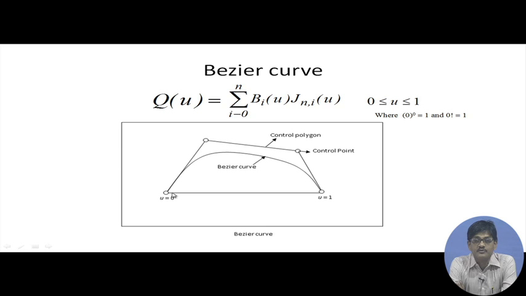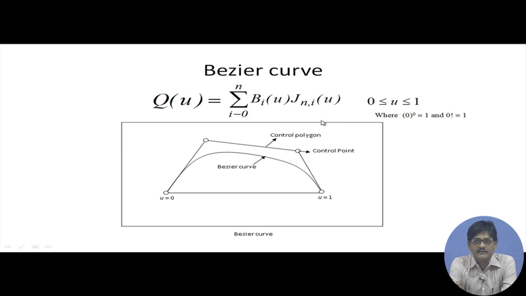The first point gets contribution from the first control point fully and from the other points 0. In between, the points share the contributions of the different control points. At the last point of the curve, the contribution of the last control point is maximum, because of which they are coincident, and the effect of other control points is 0.